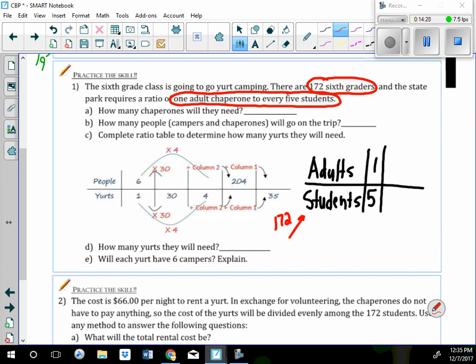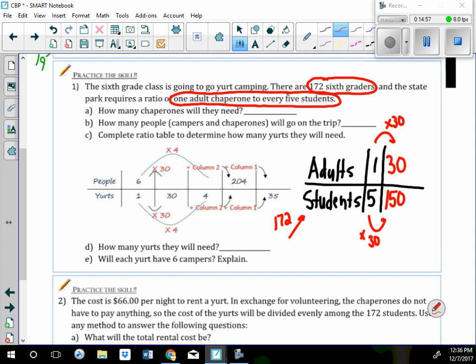So the first thing that I want to do is try and get this to 172. So I'm going to multiply by 30. Which means that 30 adults are needed for 150 students.